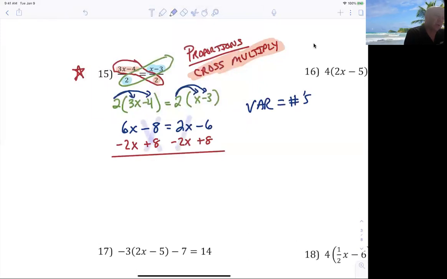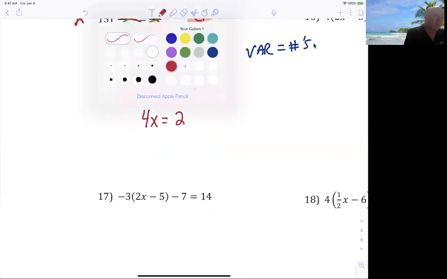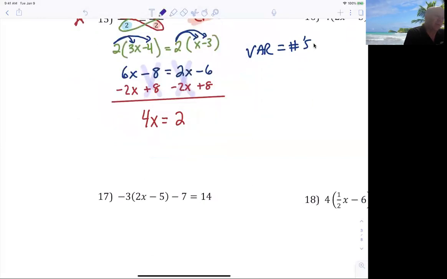The 2x and the negative 2x cancel out. And now you're left with 4x equals 2. Now we want to divide both sides by 4. Now remember, 2 divided by 4 is a fraction. It's not 2. x equals 1/2. All right, x equals 1/2.